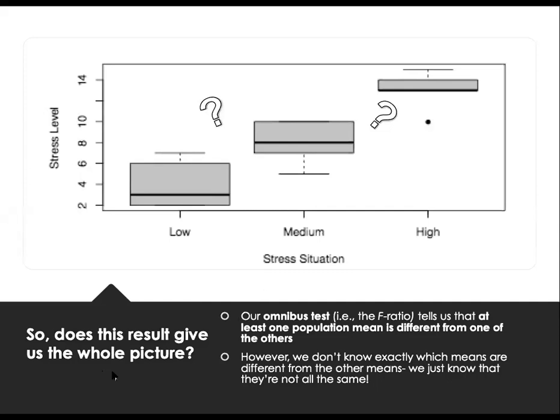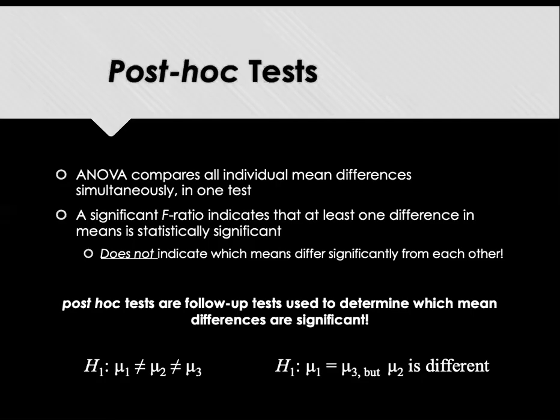But remember, I told you, it doesn't tell us specifically which means are different from other means. We just know that they're not all the same. And so more information is needed, I'm sorry to say. So what are we going to do? We're going to do post hoc tests.